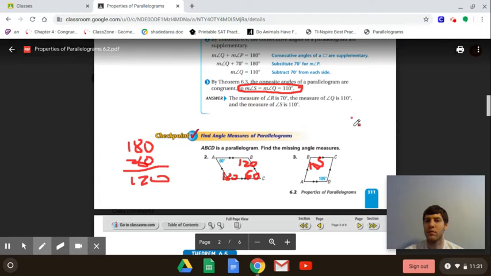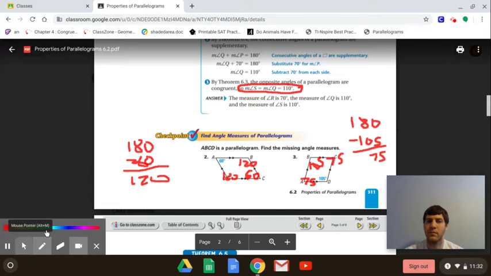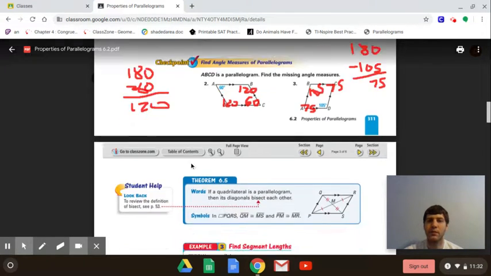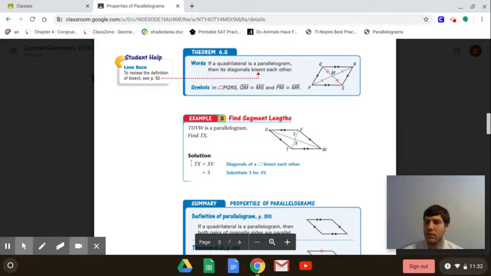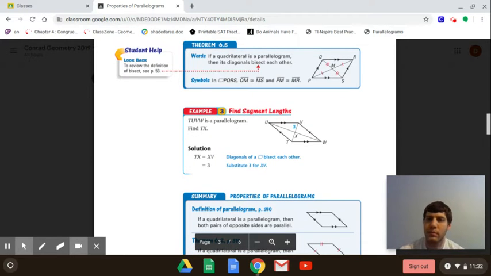And then we can do 180 minus 105, and that's going to give us 75. So C is 75, A is also 75.